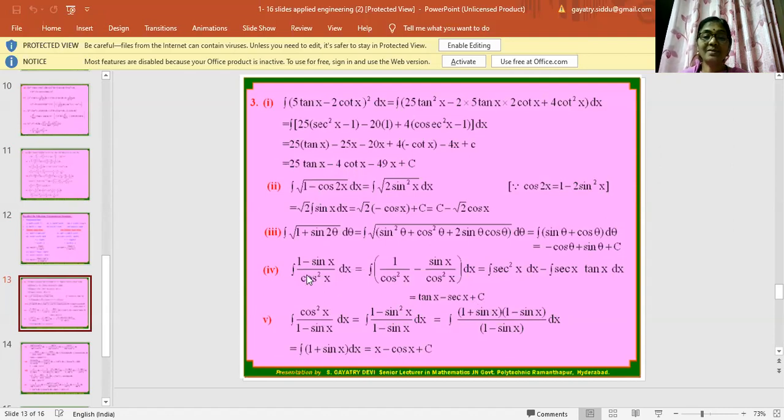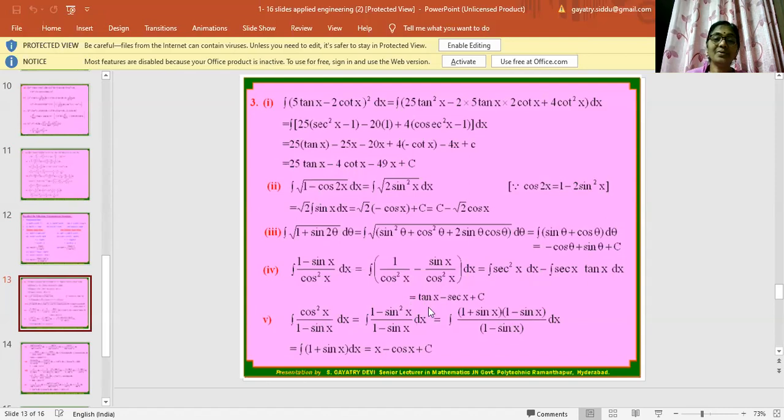So observe these two problems. What is the difference you have to follow? When the denominator is a single term, split it to each term of the numerator, then try to find the integration. If the denominator is having more than one term, try to use the help of trigonometric forms as well as algebraic forms and some other methods to simplify it and get it integrated.